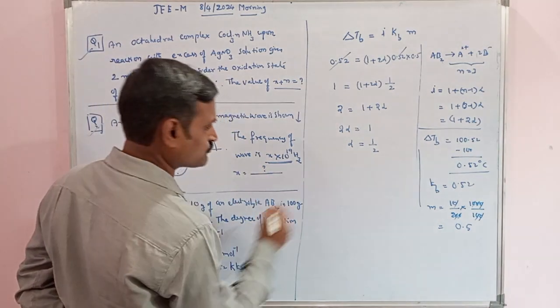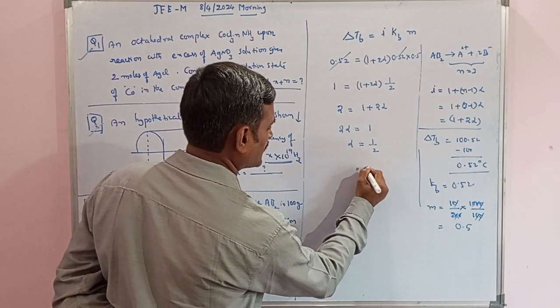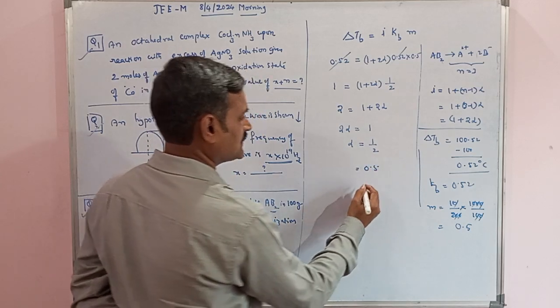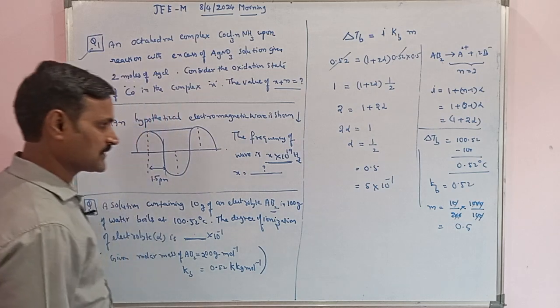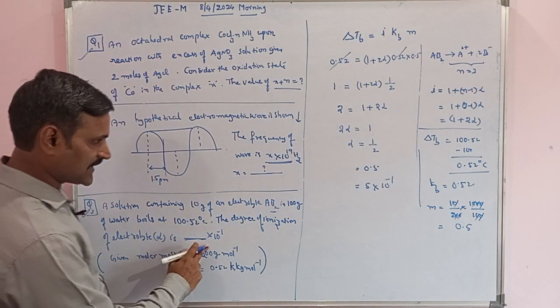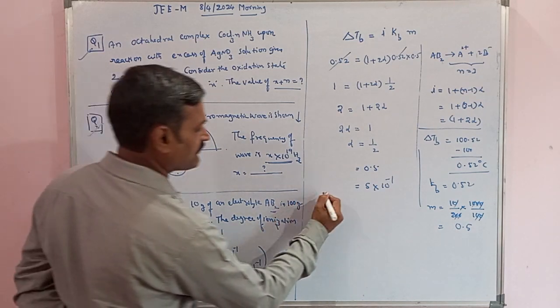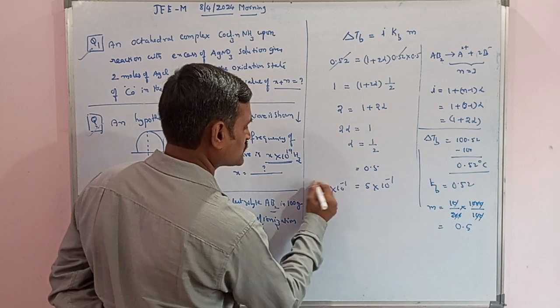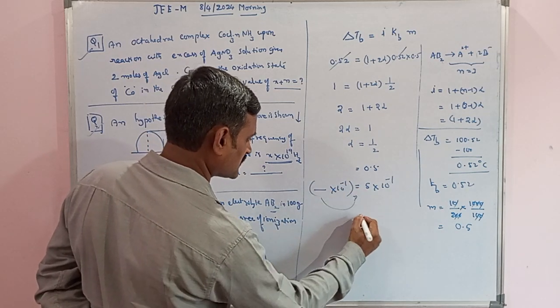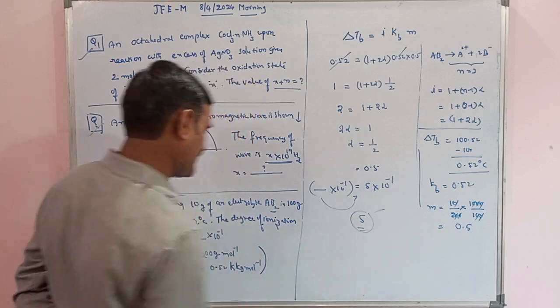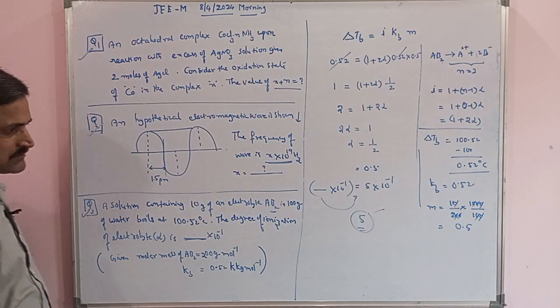So what is 1 by 2? That is nothing but 0.5. We can also write it as 5 into 10 power minus 1. If you compare that with the 10 power minus 1 given in the question, blank into 10 power minus 1, then the blank integer here is 5. So 5 is the answer for this question.